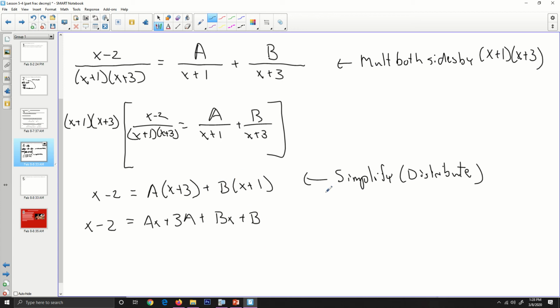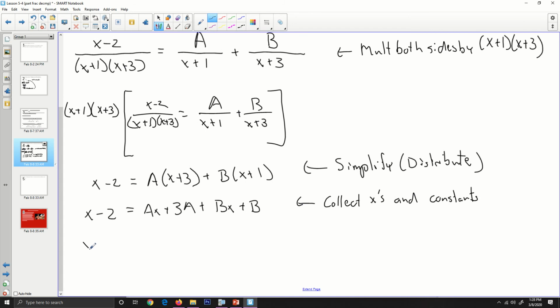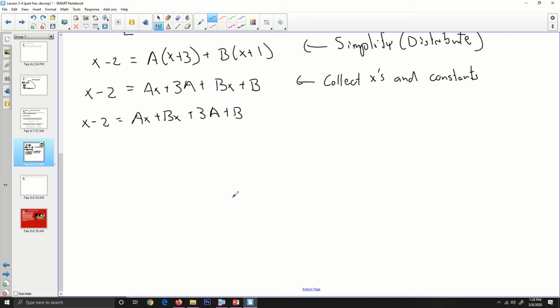All right, so here's what I'm going to do. I'm going to collect x's and constants. So you'll notice that I have x minus 2 equals ax plus bx plus 3a plus b.